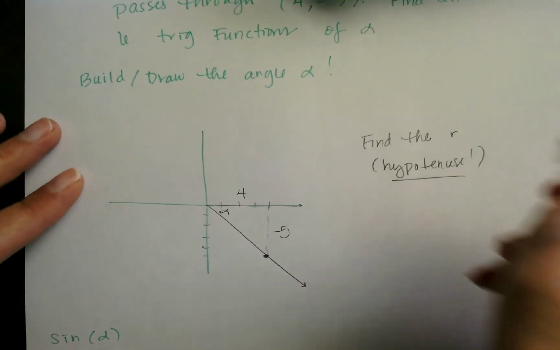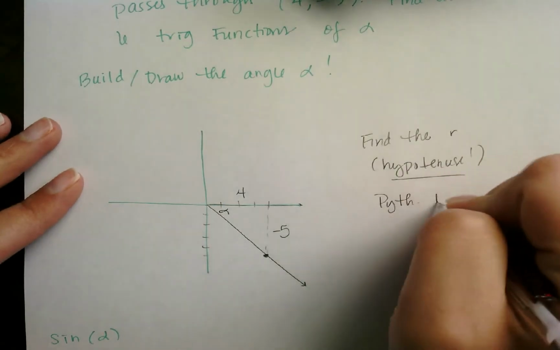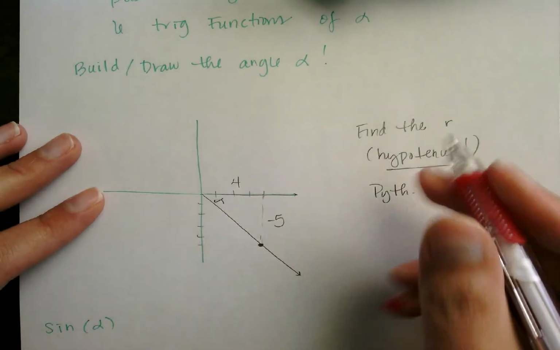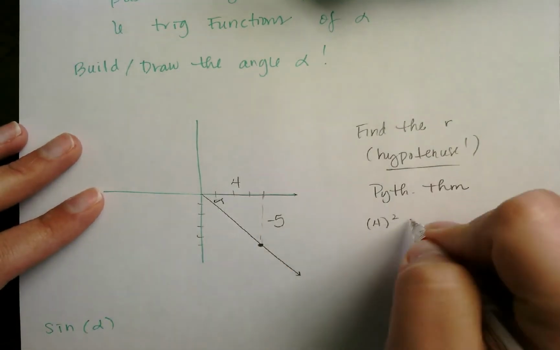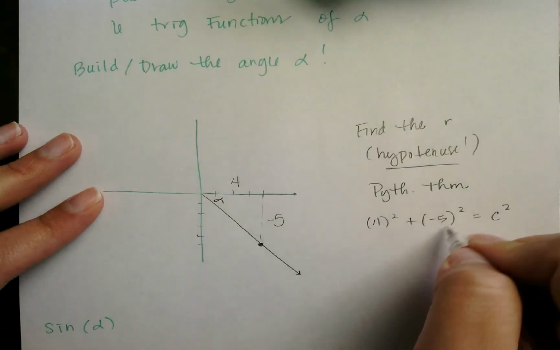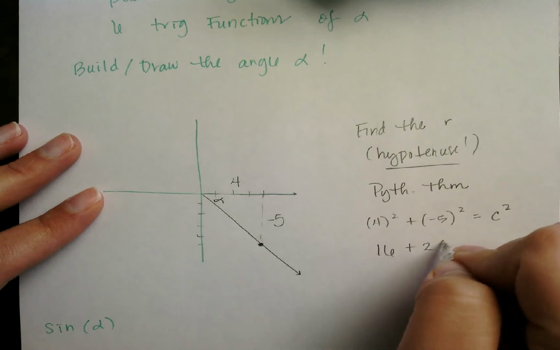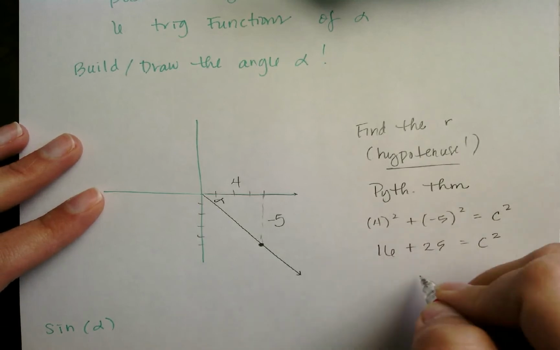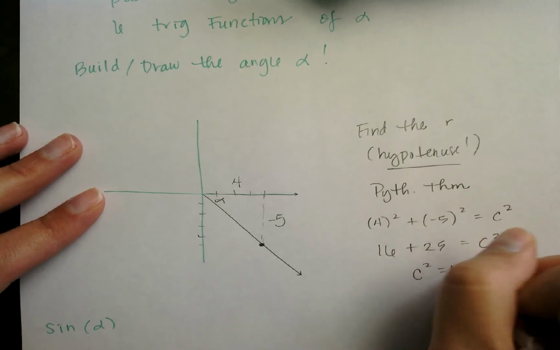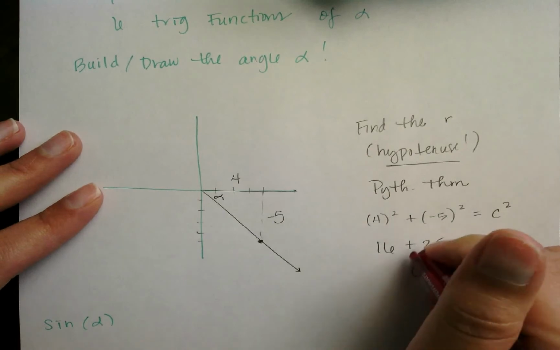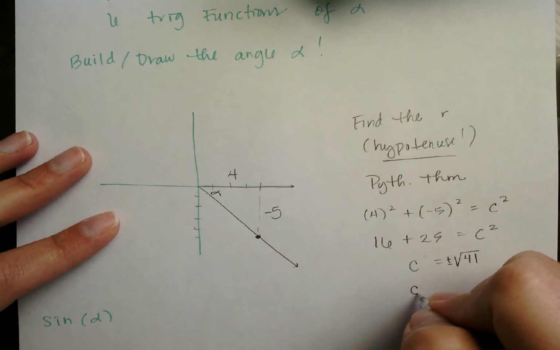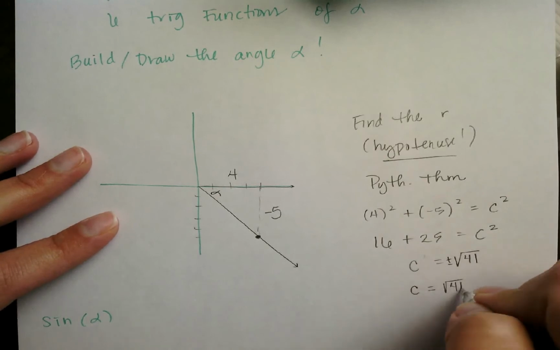So how do we find that? Pythagorean theorem. You want to complete your triangle first. So we got A and B and C. So 4 squared plus (-5) squared equals C squared. Make sure you have your correct math with parentheses. 16 plus 25 equals C squared, and then C equals plus or minus the square root of 41. Don't forget when you square root both sides, but your hypotenuse, I told you this in one of the other videos, is always positive.